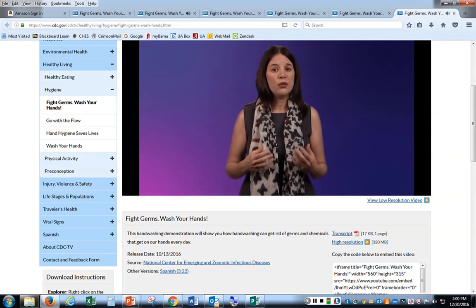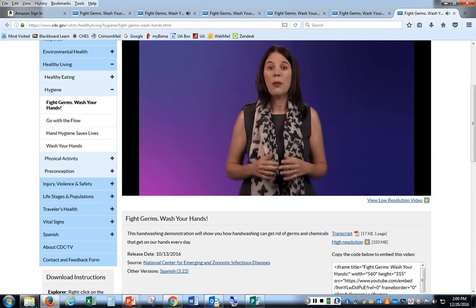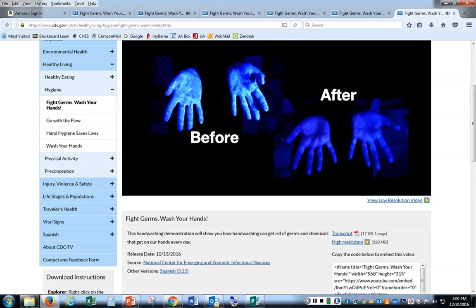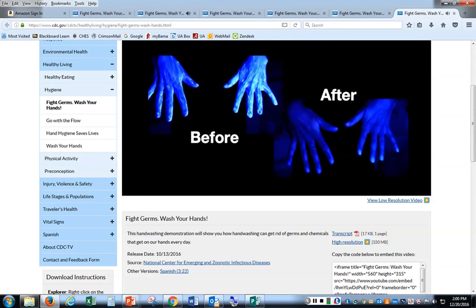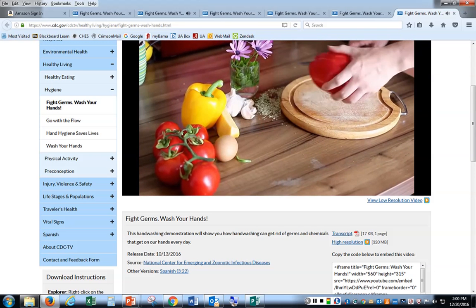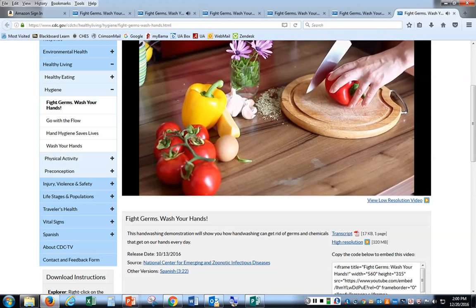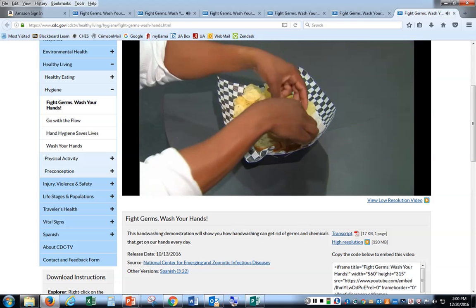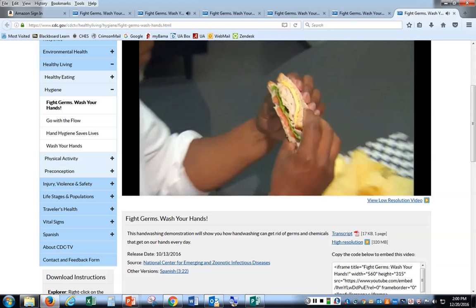Washing your hands using the steps we just demonstrated is very important to get hands completely clean. Let's see how well we got rid of the germs and chemicals. Great. No more germs and chemicals. Why is this so important? Germs and chemicals from unwashed hands can get into our foods and drinks when they're being prepared or when we're eating or drinking them, which can make us sick.